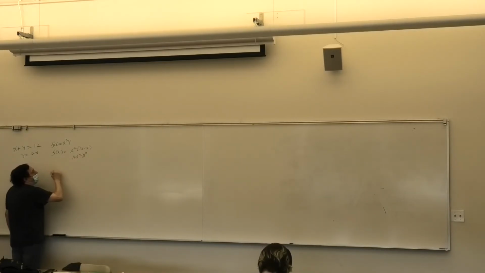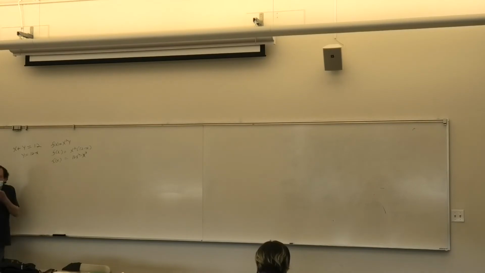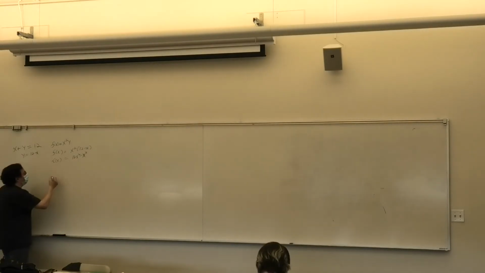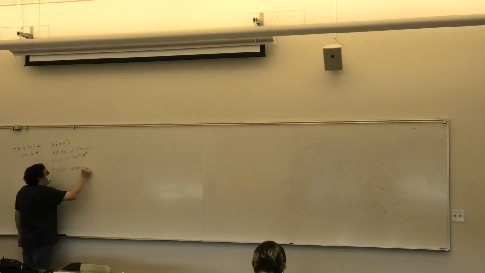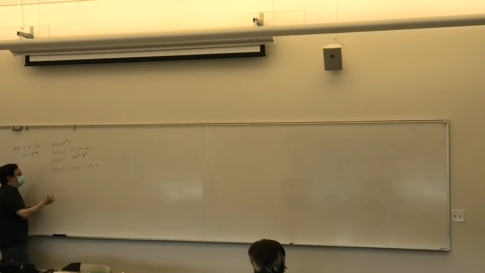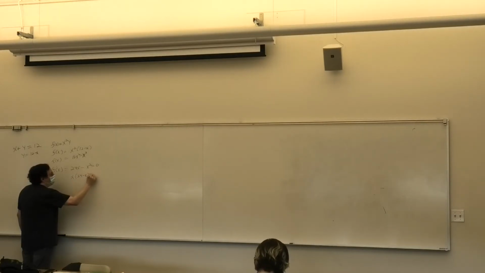And we want to find the derivative. This is how we find maximums and minimums. That's what we're doing, all in the beginning half of this session. So that's 24x minus x squared equals 0. Right? x times 24 minus x equals 0.